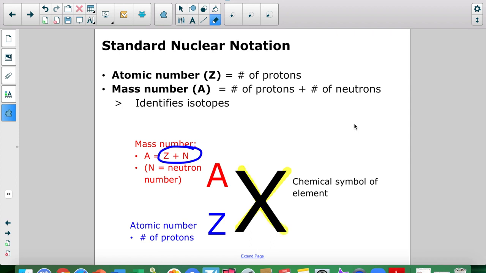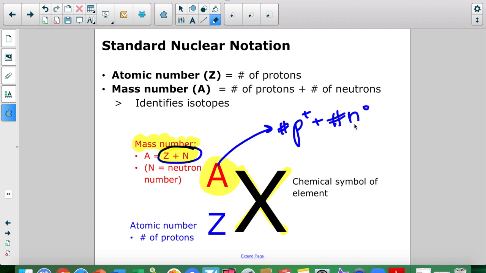X is a general letter for the symbol of the element. It could be O, N, Li, it depends on the element. And then on the top left, you will write what we call the mass number. The mass number is the number of protons plus the number of neutrons. Do not forget this.